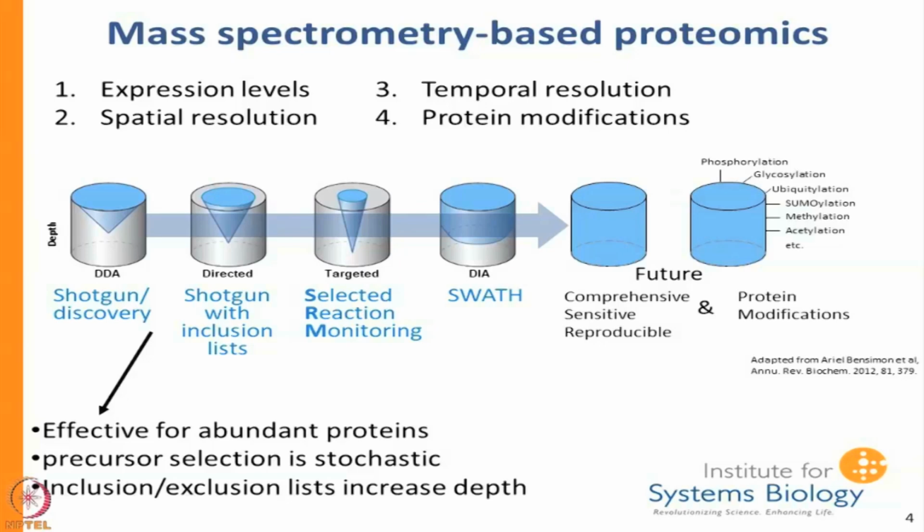It's very sensitive, but because you have a limited number of precursors you're trying to select, the mass spectrometer has to spend more time finding the fragment ions of interest. So you don't see nearly as many things, but you see them much more sensitively.